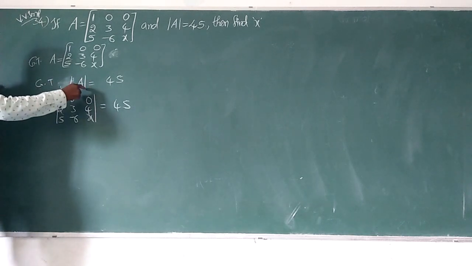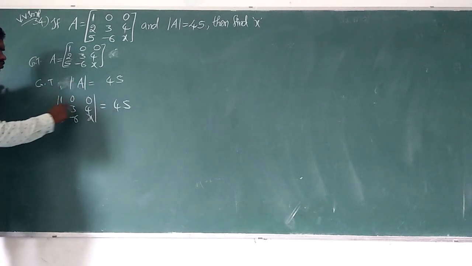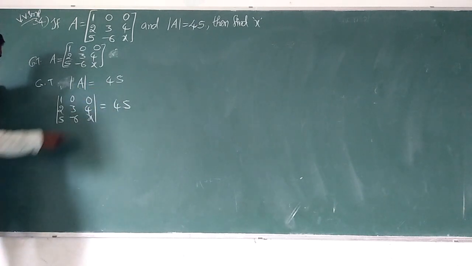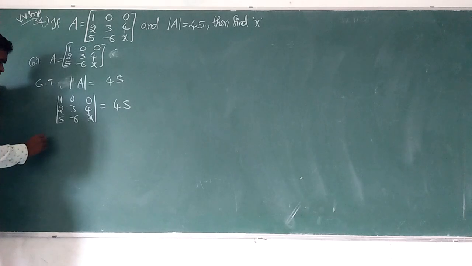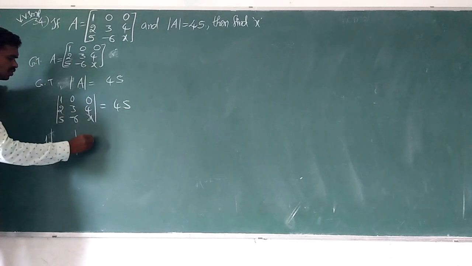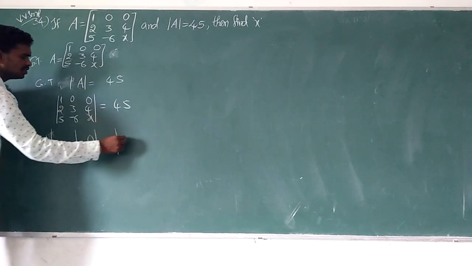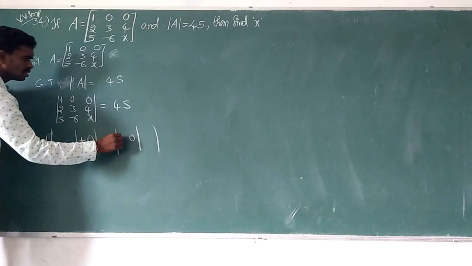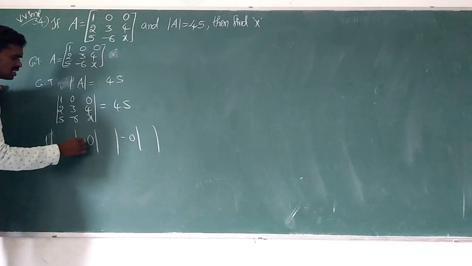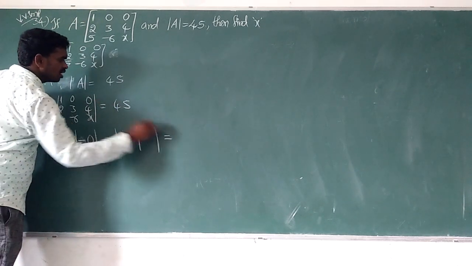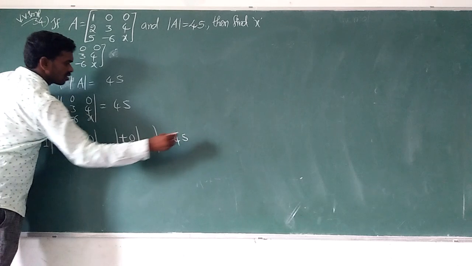Continuing, det A means the determinant of [1 0 0; 2 3 4; 5 -6 x], and this is equal to 45. Simplify this. First 1 into, next 0 into, next 0 into, with signs plus, minus, plus, and this is equal to 45.